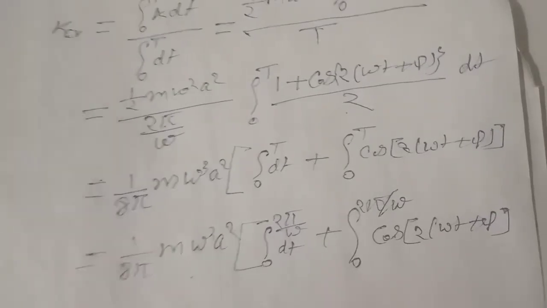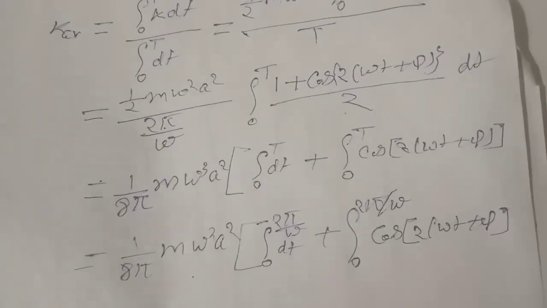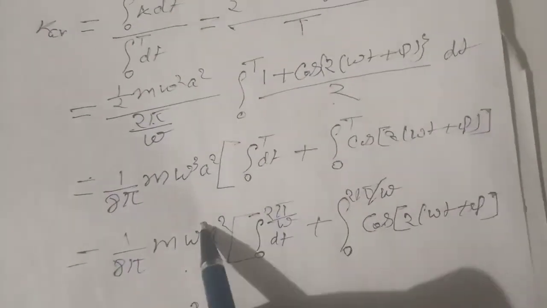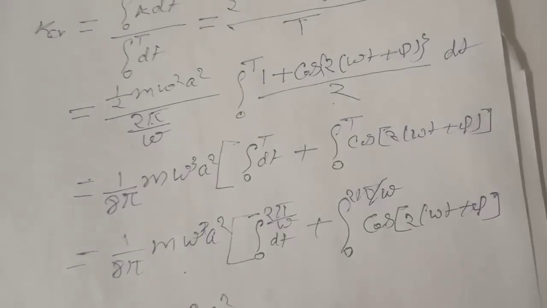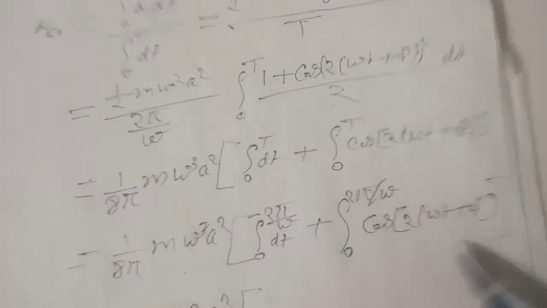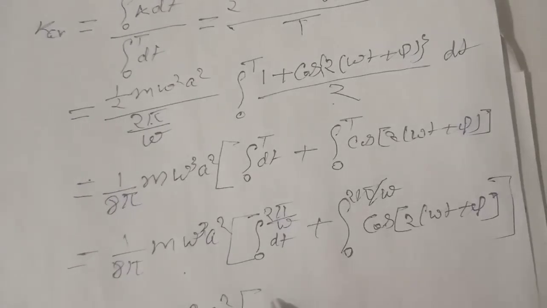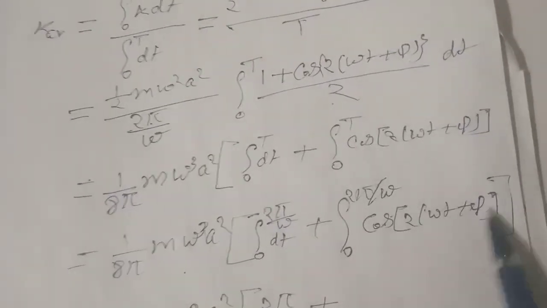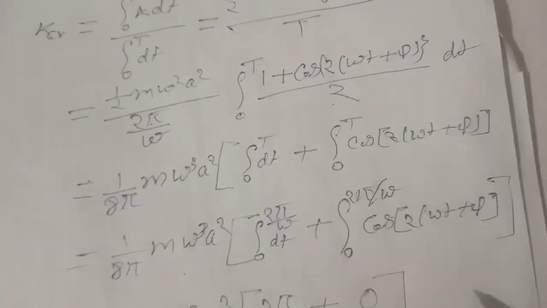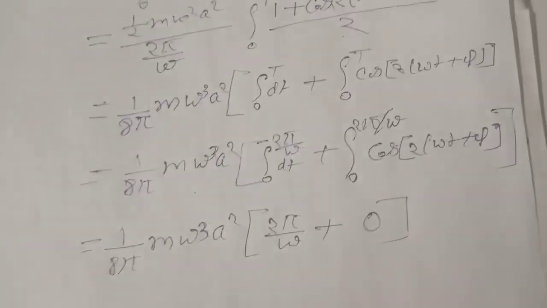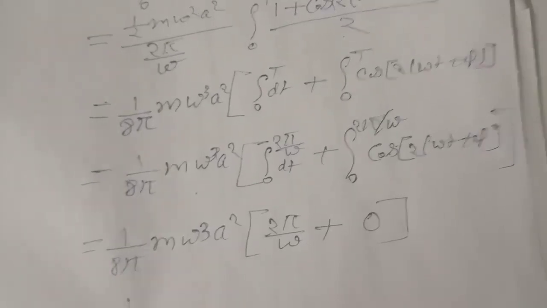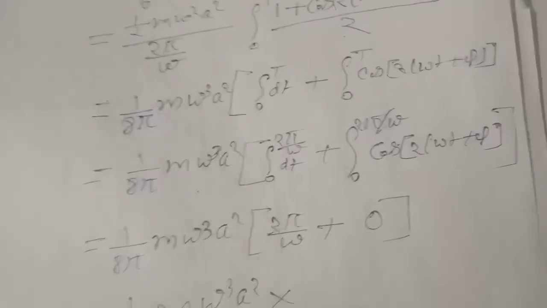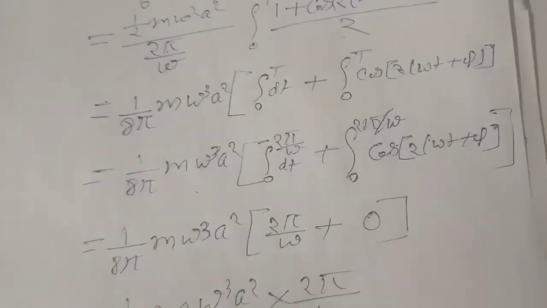So we have 1 by 8 pi m omega cube A square, and this will be 2 pi by omega, plus this value which is 0. So we can write 1 by 8 pi m omega cube A square into 2 pi by omega.